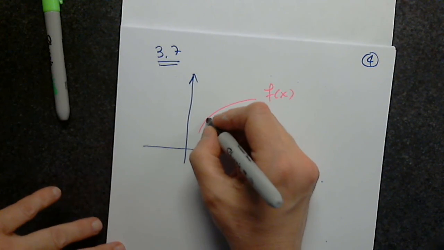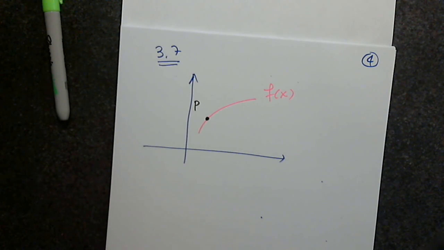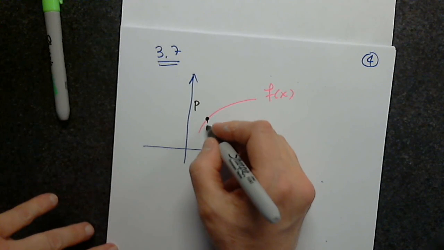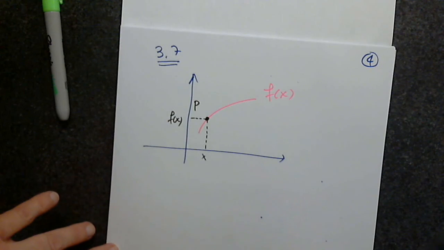Okay, so I have a point, P, of coordinates, of course, x and f of x.